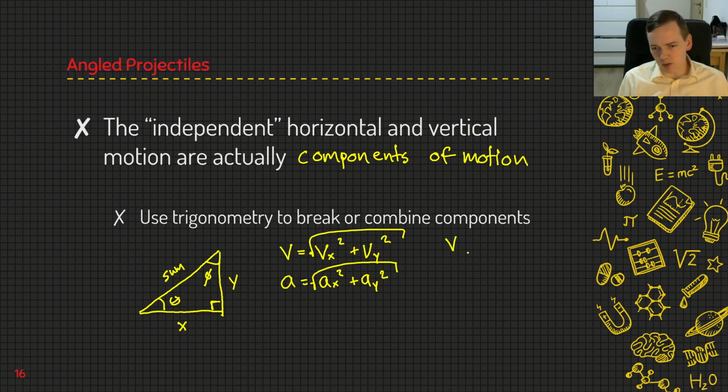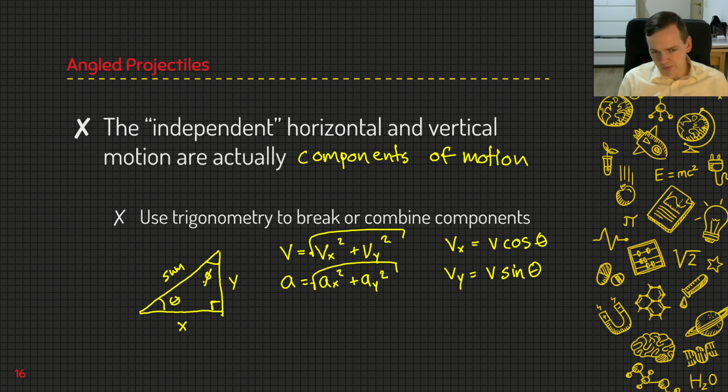Likewise, if I knew the velocity and I wanted to find Vx, I could write Vx equals the velocity times the cosine of theta. Vy would equal v times the sine of theta.